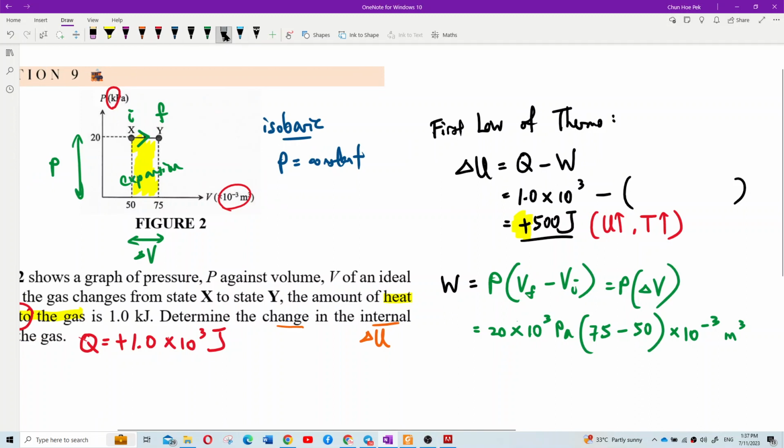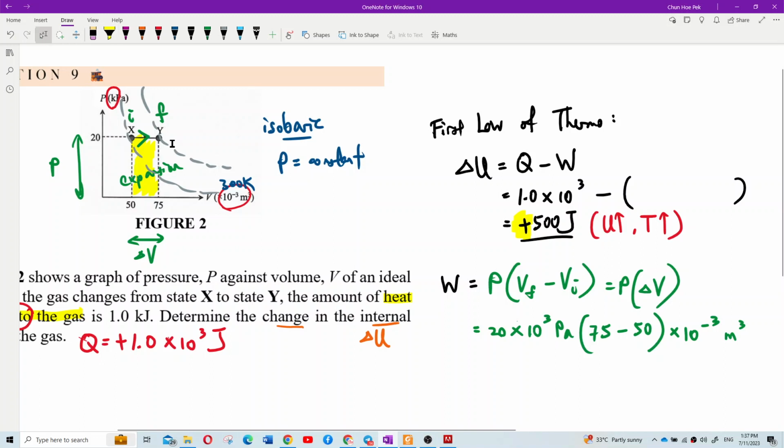Cuma you check dia punya isotherm line. Di sini isotherm line. Di sini lagi satu isotherm line. So Y, the point Y is further away compared to X, right or not? So temperature increase. Maybe X is 300 Kelvin.